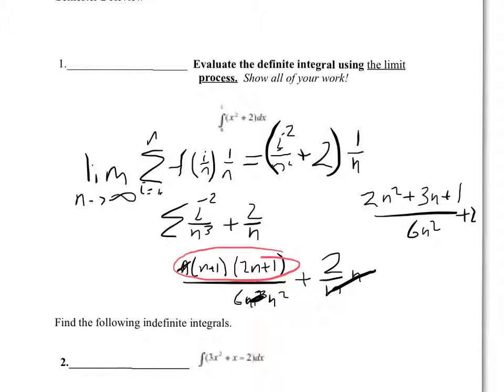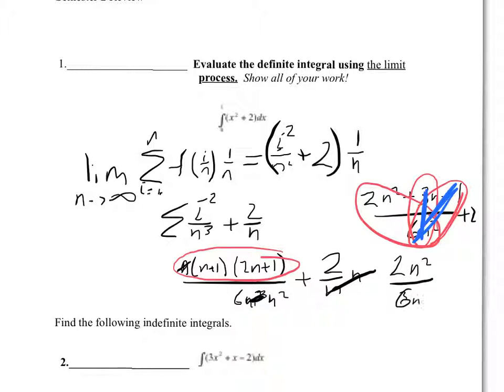Okay, now through the limit process, if I separated out these three fractions, this one goes away and that one goes away, so I should just be left with 2 over 6, which simplifies down to 1/3, plus 2, so I should end up with 2 1/3.